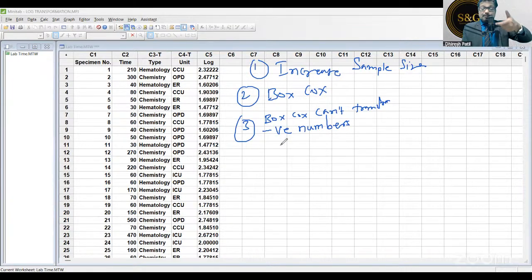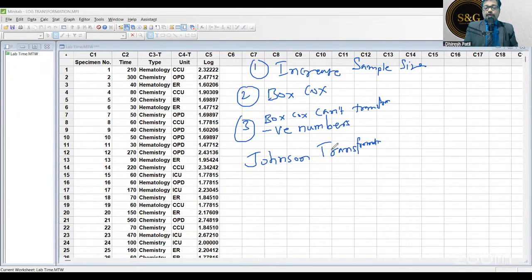Let's say for example temperature. In temperature we can have minus numbers, right? Minus 2 degree, 2.1, 2.2, etc. So it is called negative numbers. In that case, you can use something called Johnson transformation. This is our third strategy.